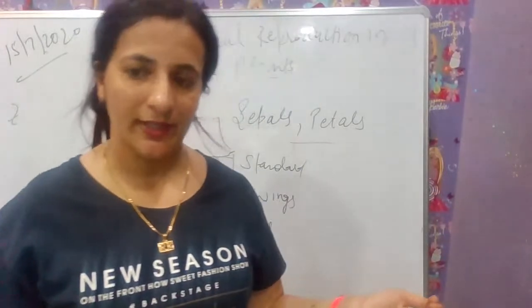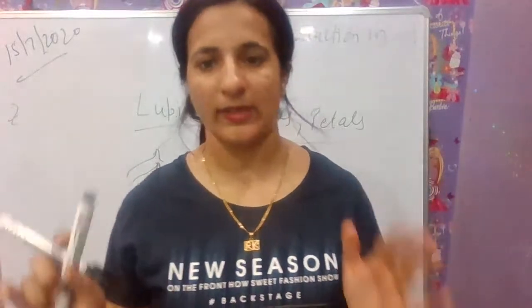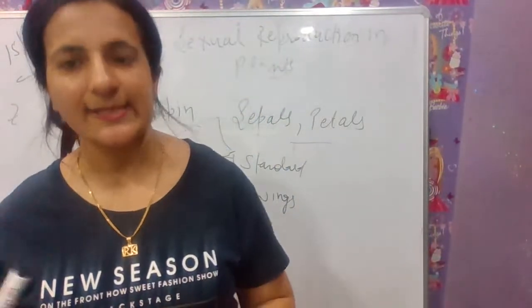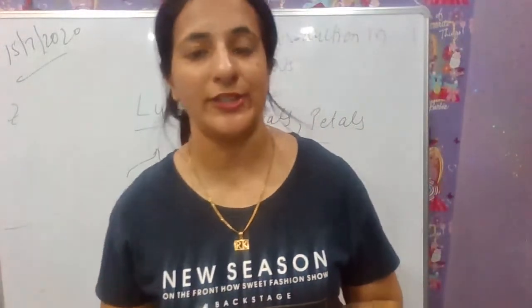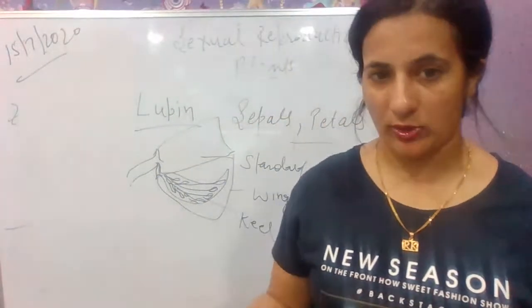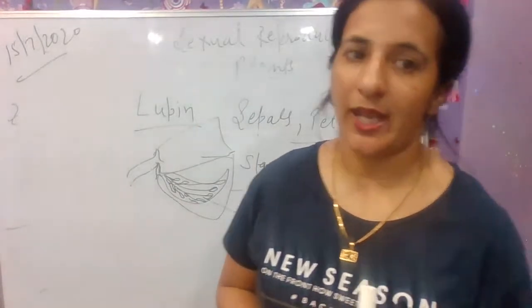Next class, I will definitely cover this. Now I have to leave the class because the topic is covered. Next class, I will discuss sexual reproduction in animals, and very soon I will take a test of these topics also. I will conduct an online quiz in a live class.